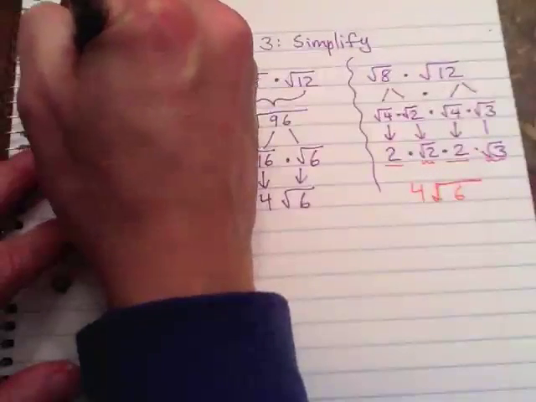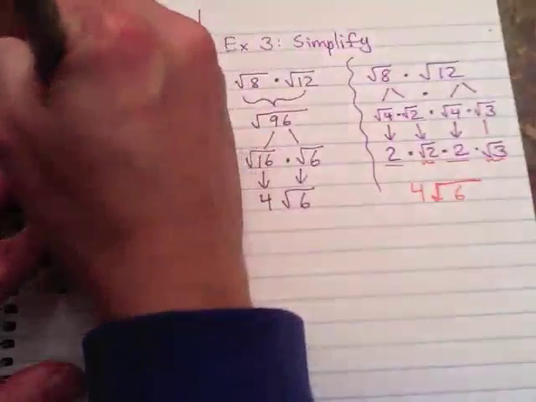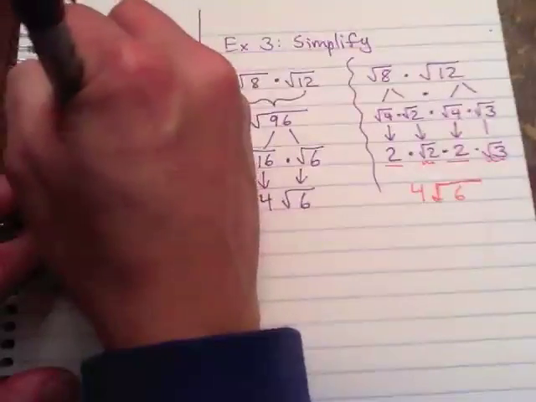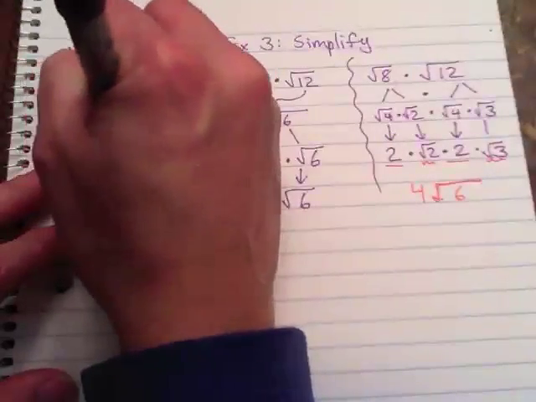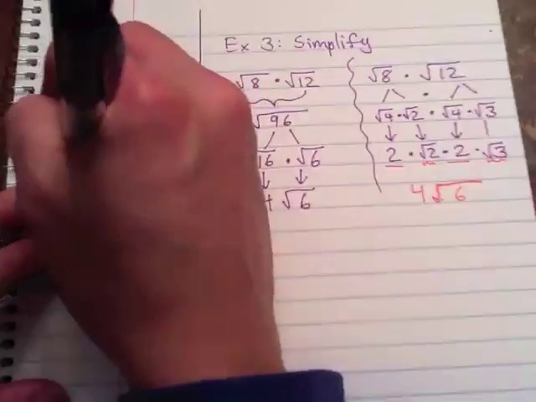So you can multiply the radicands together. Then simplify.